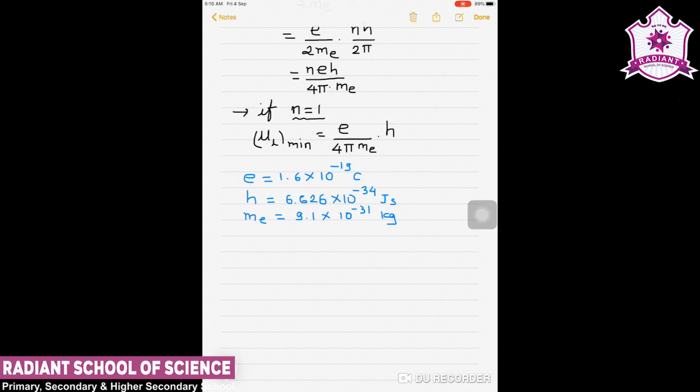If we put in all these values, we get mu L minimum equal to about 9.27 into 10 raised to minus 24 ampere meter square.